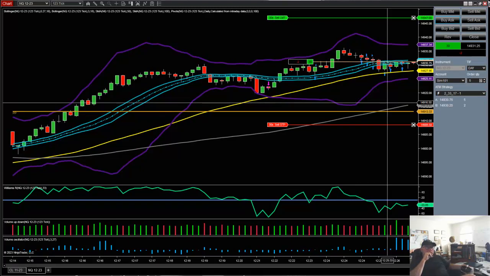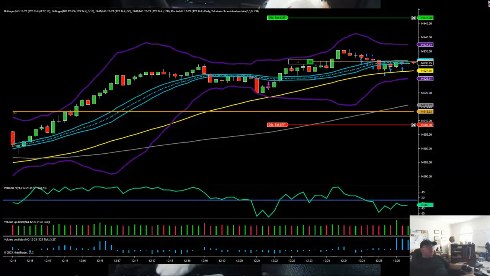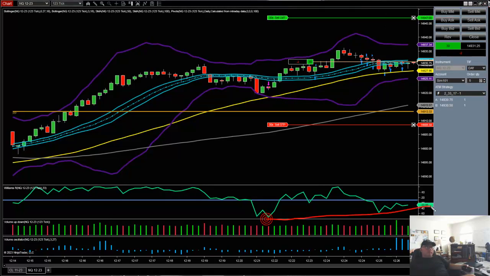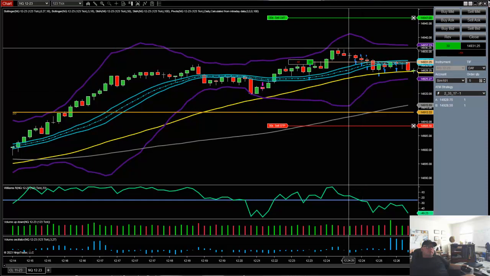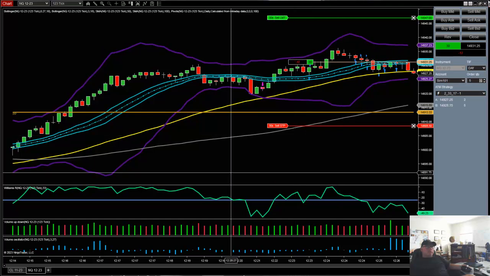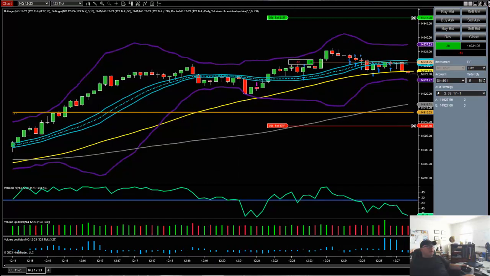Goofing still. I mean, it looks like it wants to go up. And the other side is showing this.